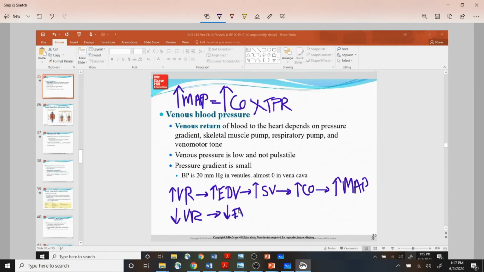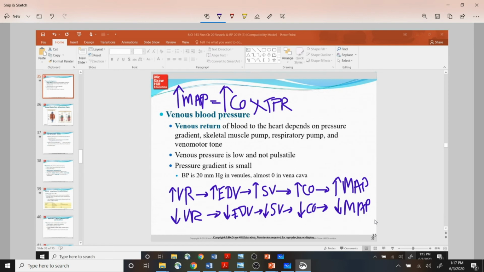The problem with venous return is there's hardly any pressure in the veins. And in the big veins, the vena cava, the superior vena cava, the blood pressure is almost zero. And that's weird. So you're like, well, blood's supposed to flow from a higher blood pressure to a lower blood pressure. How does blood get back to the heart then, especially from your lower extremities?